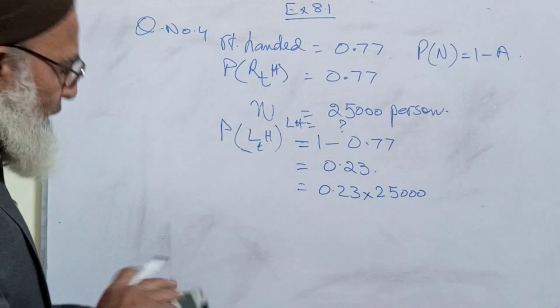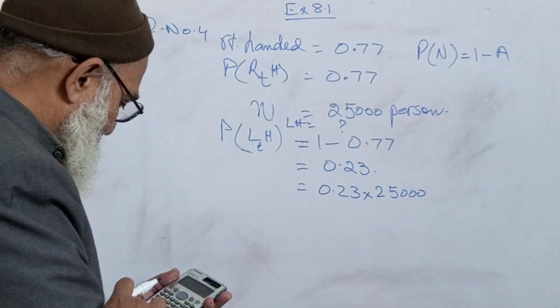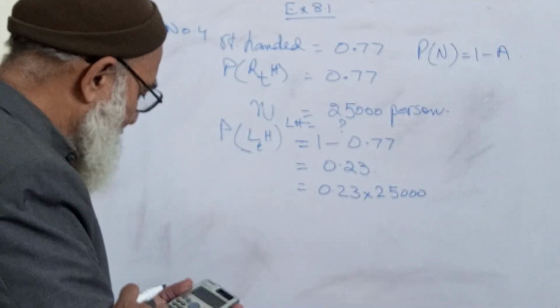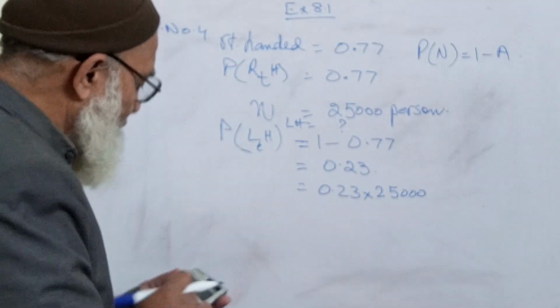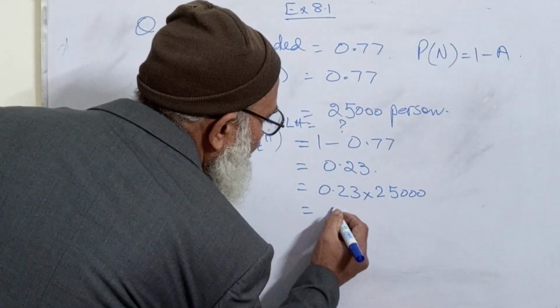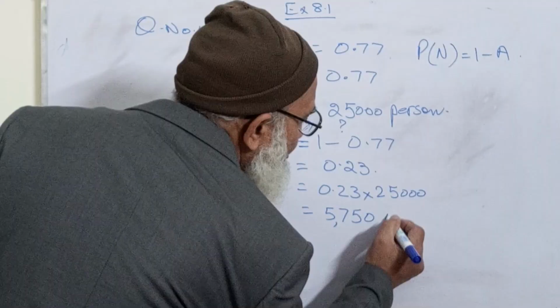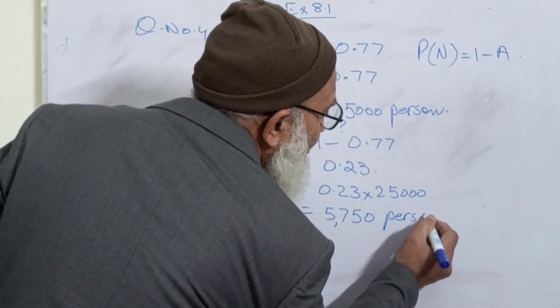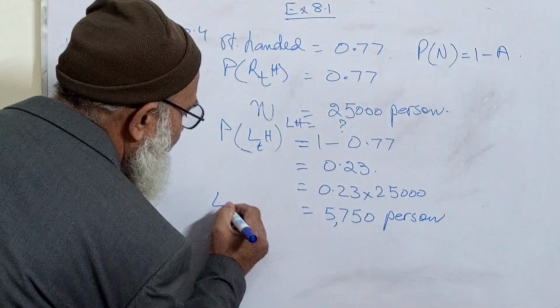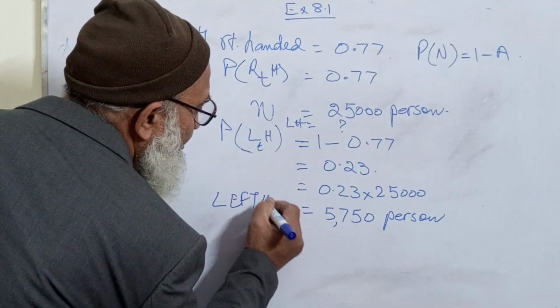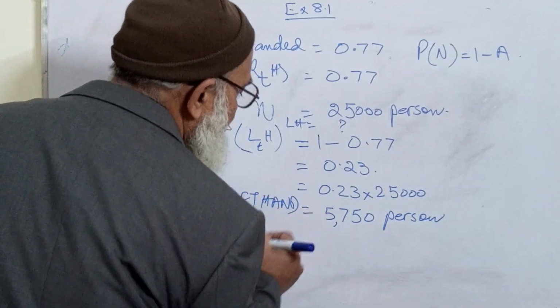What you get is 0.23 multiplied by 25,000, that is equal to 5,750 persons which are left-handed. Left-handed persons. Okay.